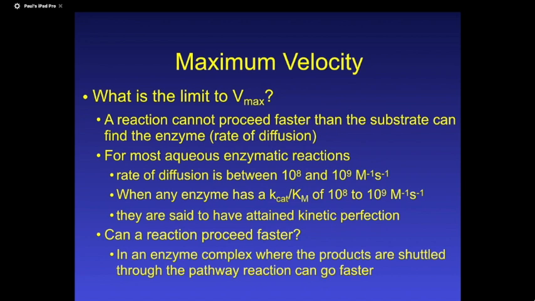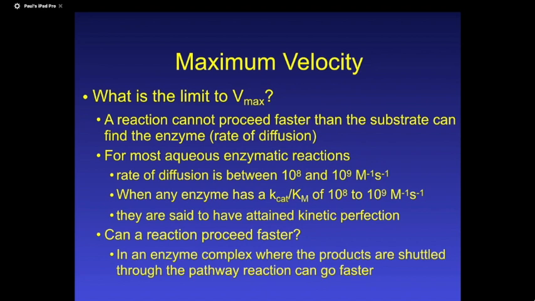All right, is there a limit to how fast an enzyme can work? Okay, there is. There is a rate at which enzymes cannot go any faster. But here it's more of a philosophical issue than whether the enzyme can actually work any faster.